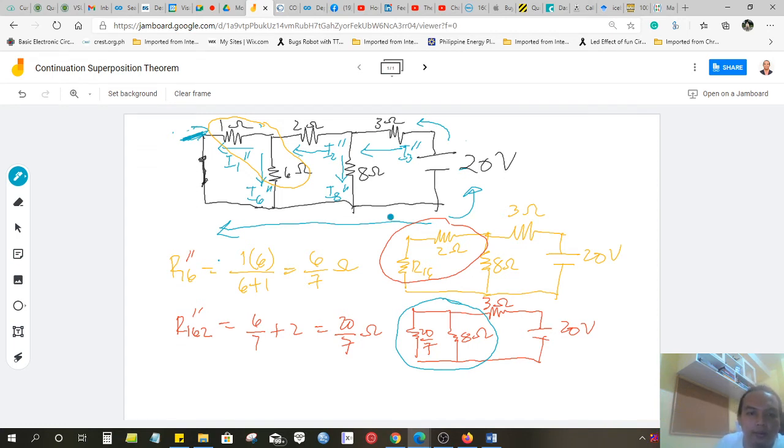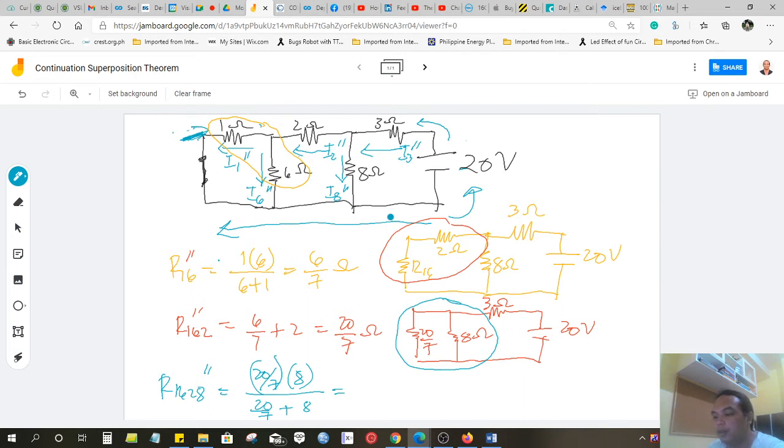That is R162, then 8, double prime. So, parallel man na sila. That is 20 over 7 times 8 over 20 over 7 plus 8.